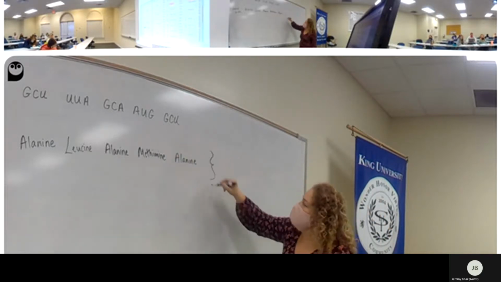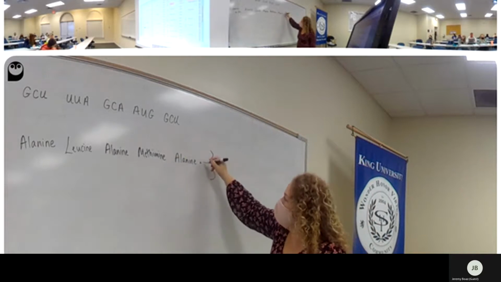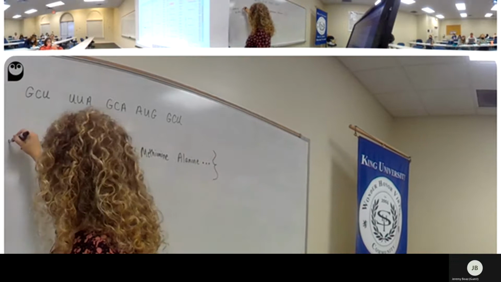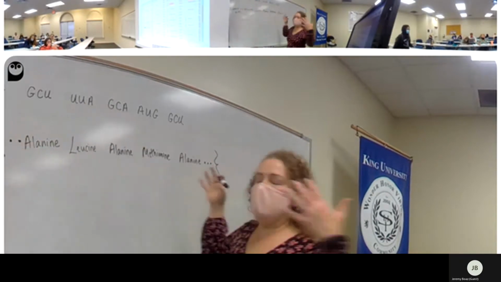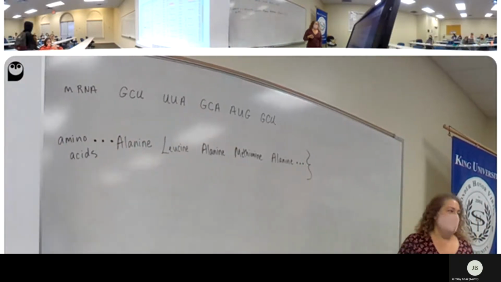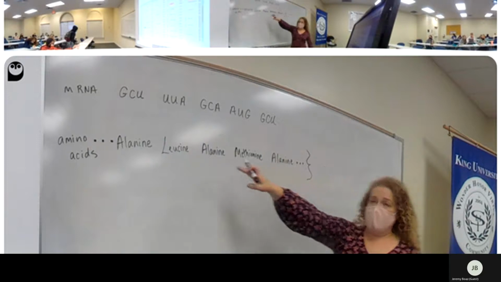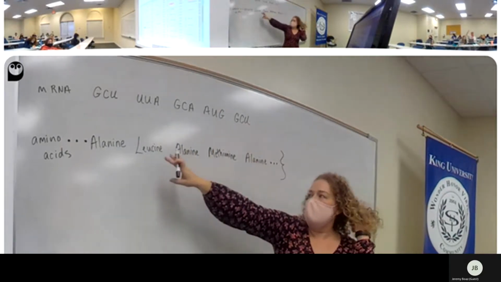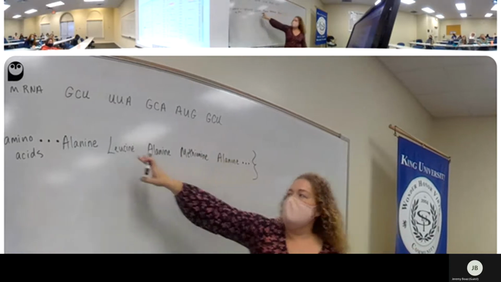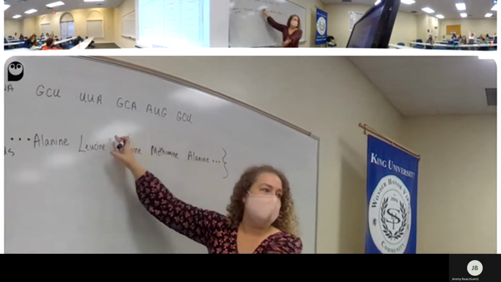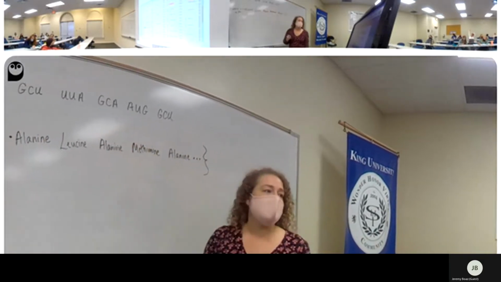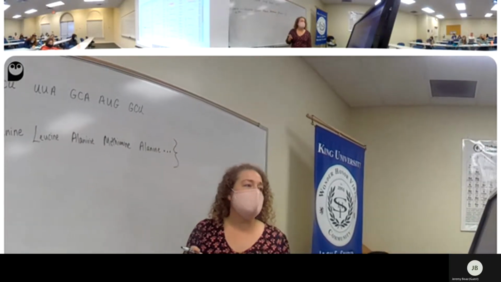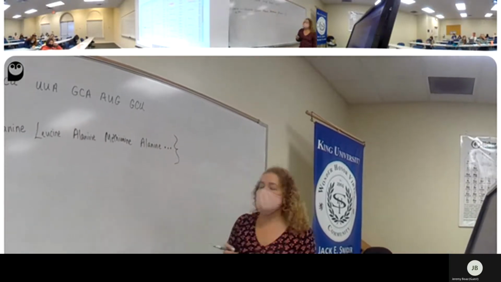And then this particular set, I'm going to put some dots at either end, because this would be part of a larger protein. So I will give you like 5 or 6 sets of bases on the exam for you to do this kind of problem, but a real protein would be a lot bigger. So this would be a little stretch in between. Is it just going to go around in a circle like that?